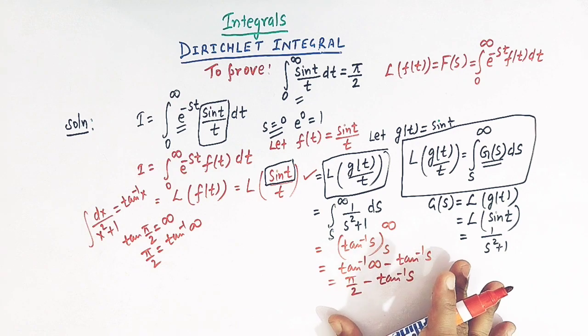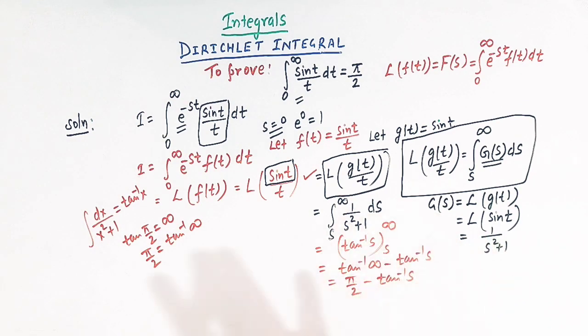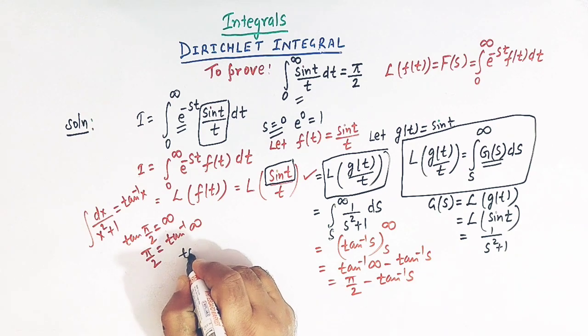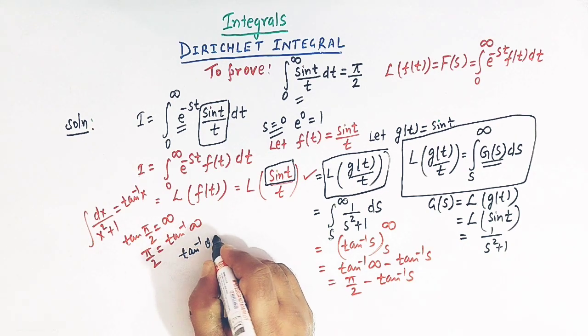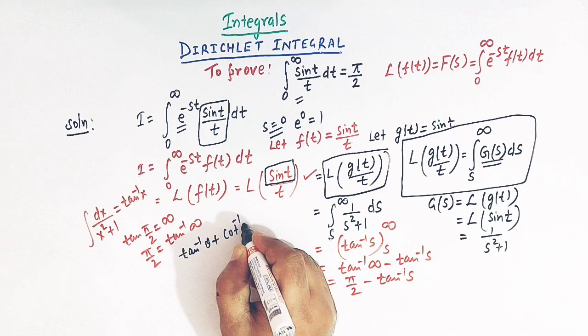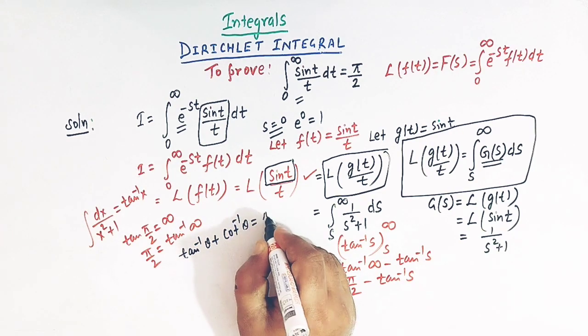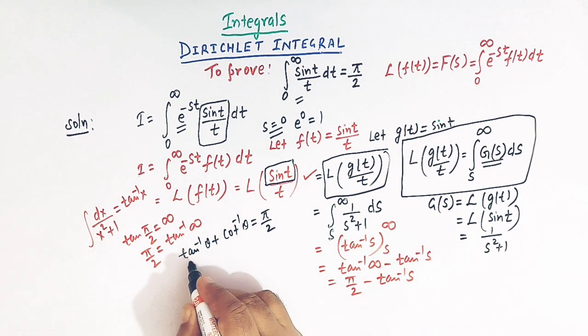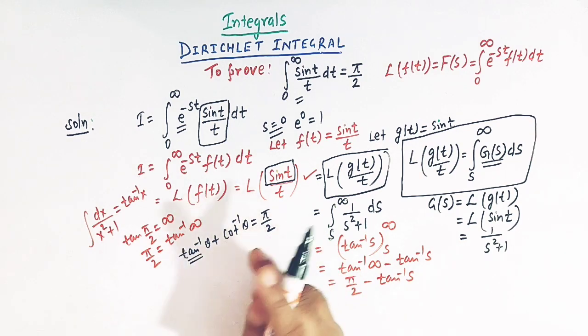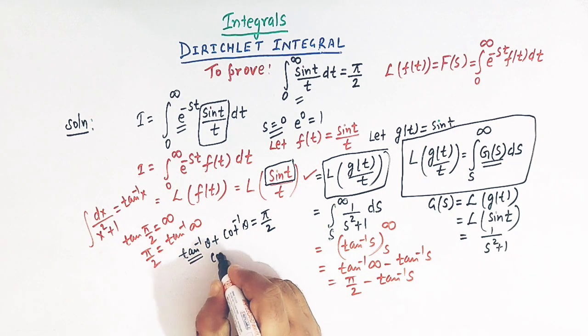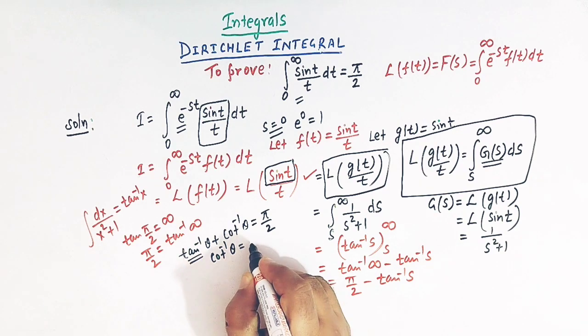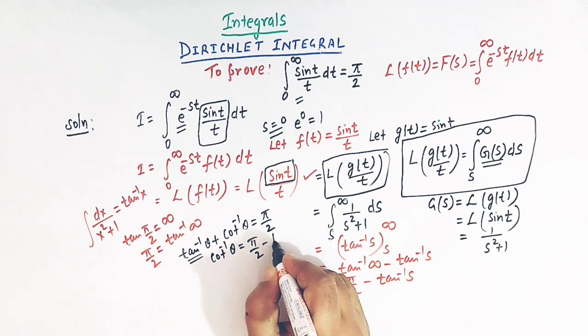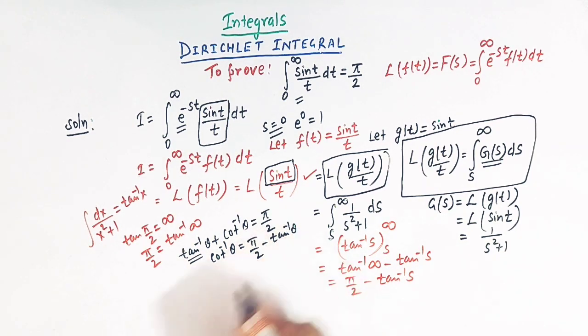And here we'll use an important result from inverse trigonometric functions. From inverse trigonometric functions, we know an important property, that tan inverse theta plus cot inverse theta is equal to pi by 2, right? So if we take this term to the right hand side, we have cot inverse theta is equal to pi by 2 minus tan inverse theta.